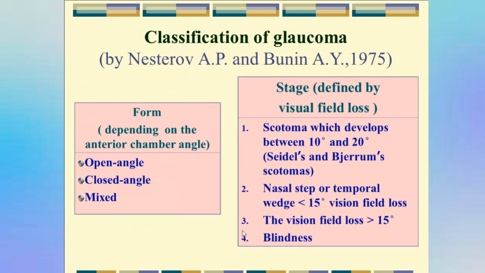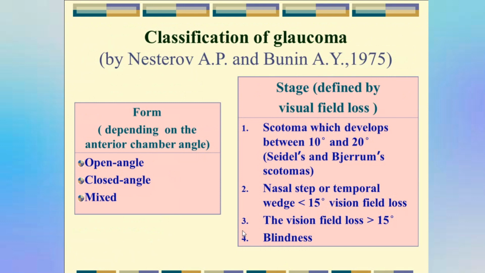Nesterov and Bunin in 1975 divided glaucomas into stages. The first stage, mild stage, is characterized by scotoma, which develops between 10 degrees and 20 degrees.